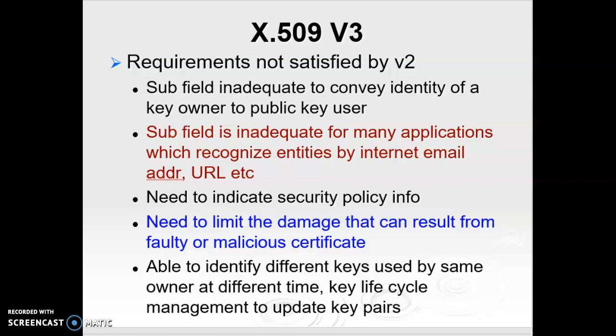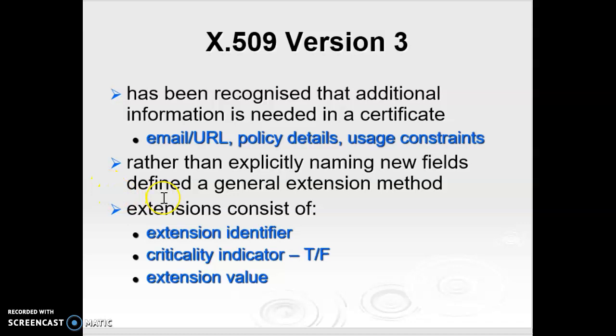Version 3 consists of different kinds of extensions which are defined. It is used in the email, URL, policy details and the usage constraints. Rather than explicitly naming new fields, an extension consists of the extension identifier, the ID of the extension, then the criticality indicator, which is given as true or false critical values.